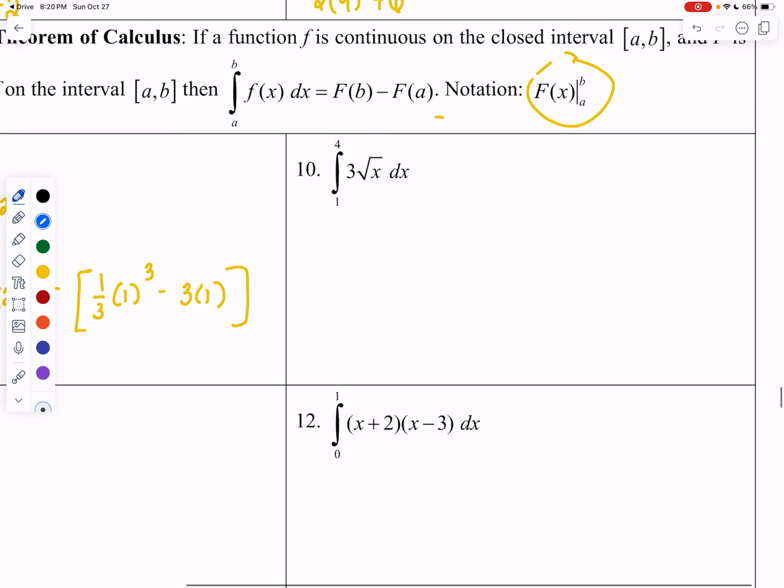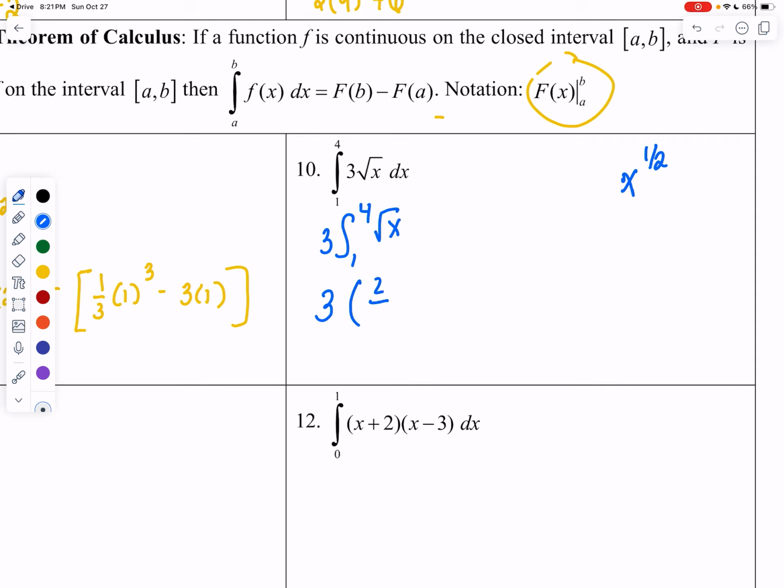All right, same thing with number 10 here. We want to find the area under the curve from 1 to 4 of 3 times the square root of x. I'm going to move the 3 up front so that I only have the square root of x. Now we know from previous videos that the integral of x to the 1/2 is just 2/3 x to the 3/2 from 1 to 4.